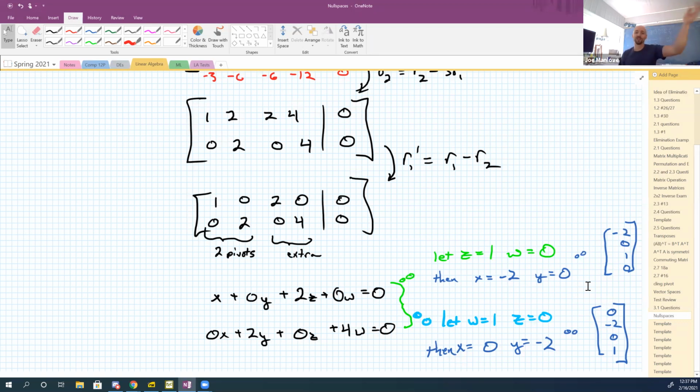So you could certainly choose the pivots and then let the free variables fall into place. I like to pick the free variables and then determine the pivots out of it because it's more reliable. If you pick the pivots and then let the free variables fall, it's possible that you'll miss something. It's not super duper likely since you guys are pretty bright now and you're good at algebra. But if you're worried about being bad at algebra, pick the free variables instead.